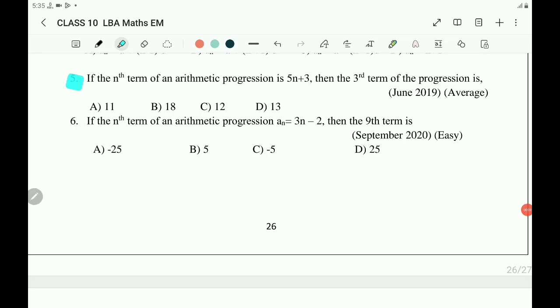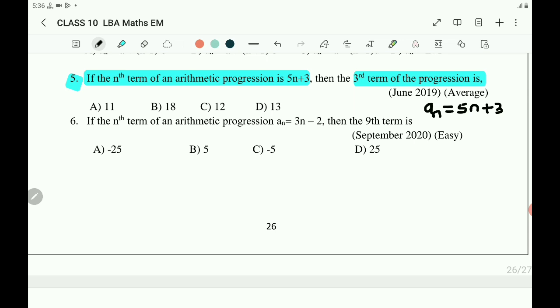Then the fifth question. If the nth term of an arithmetic progression is 5n plus 3, then the third term of the progression is. What is an? an equals 5n plus 3. Then what is asked here?